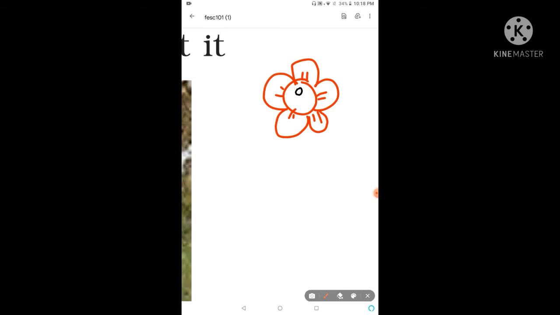I hope you have seen some dots in between the flowers, right? Have you seen the dots in between? Like here, then here. So many dots are there. See, like this. Okay, this is the structure of a flower.